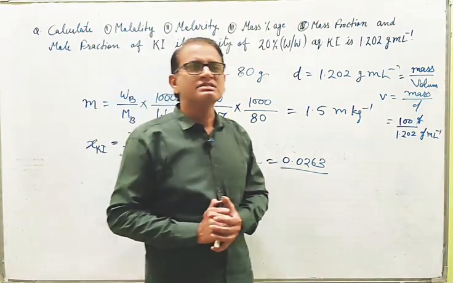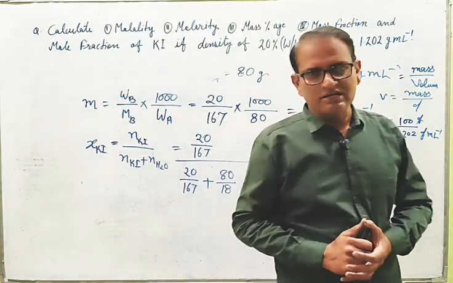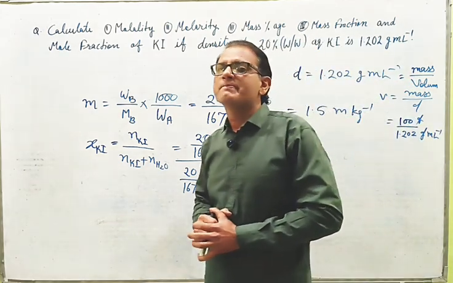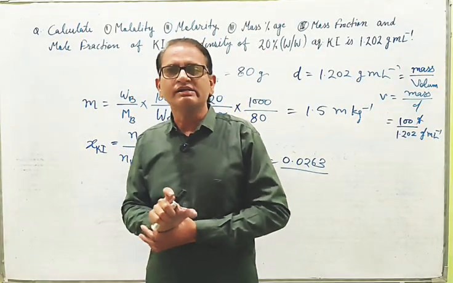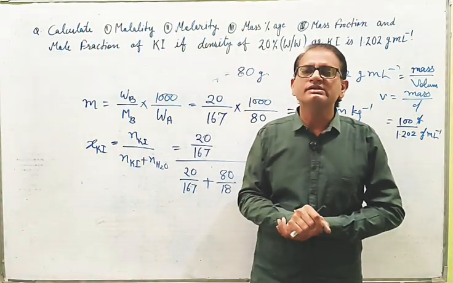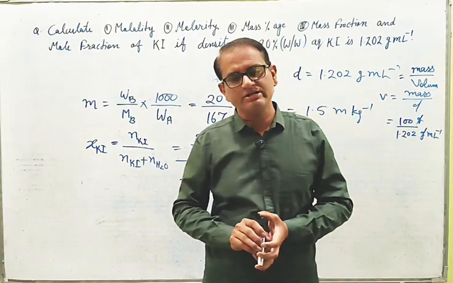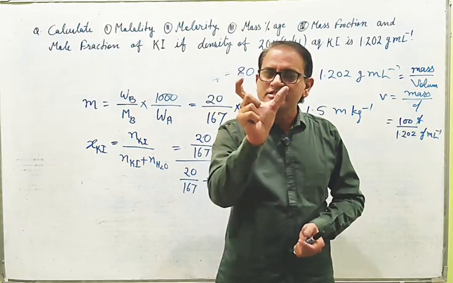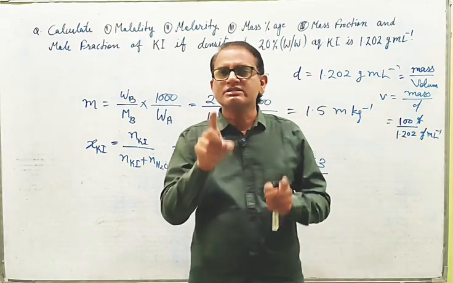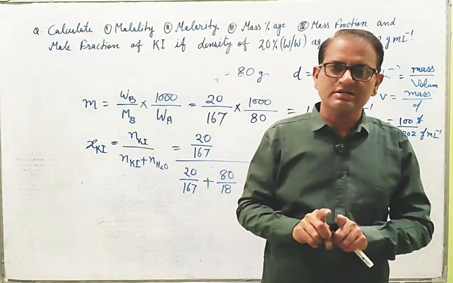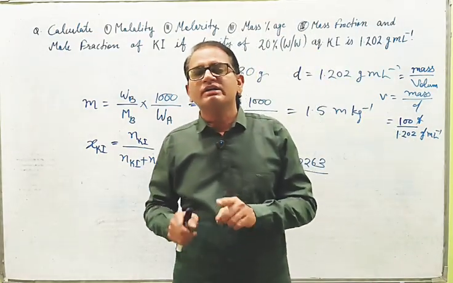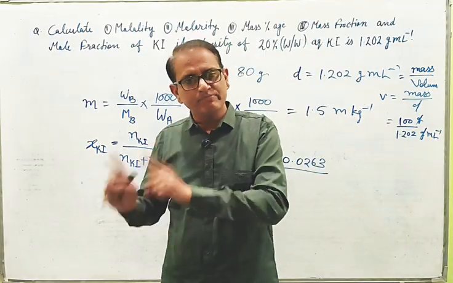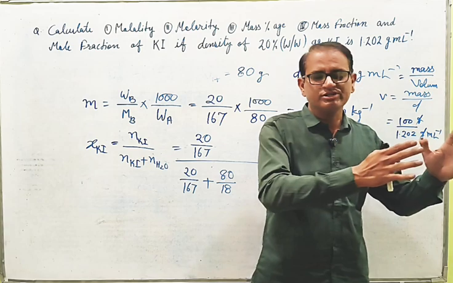So what we can say is the amount of solute or substance which can be dissolved in a particular amount of solvent at constant temperature and pressure is called its solubility. What did I say? The maximum amount of solute or substance which can be dissolved in a definite amount of solvent at constant temperature and pressure is called its solubility.